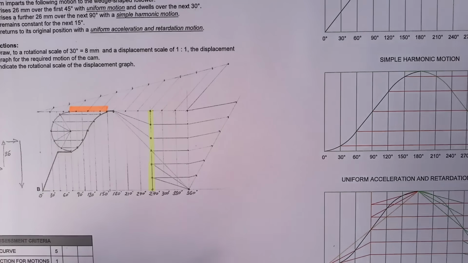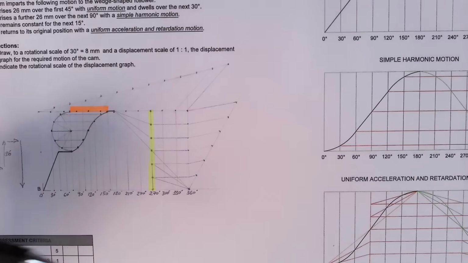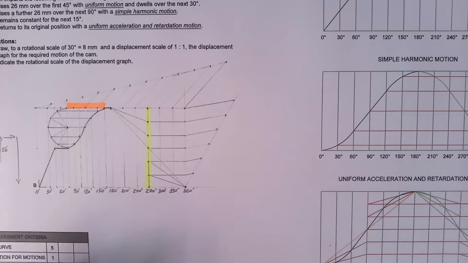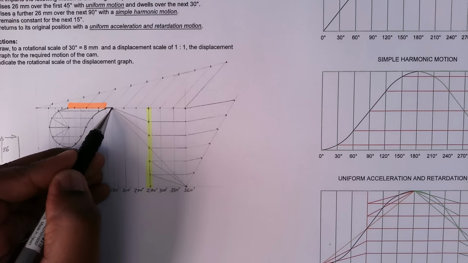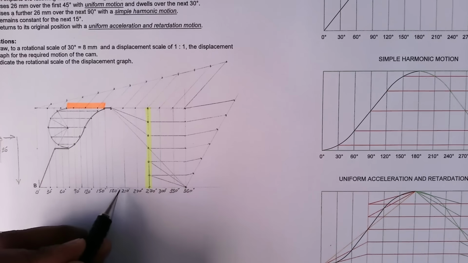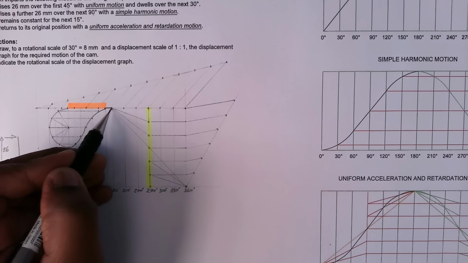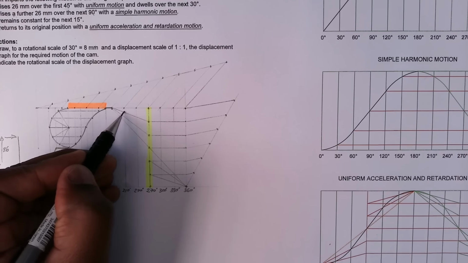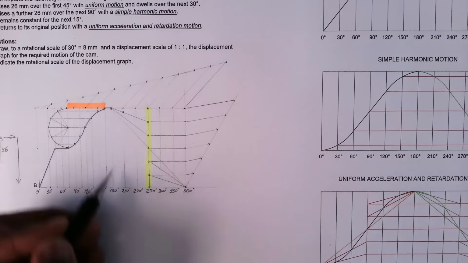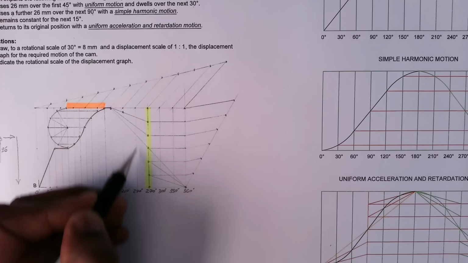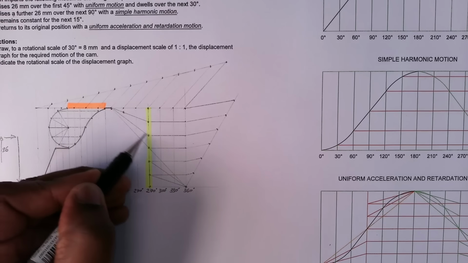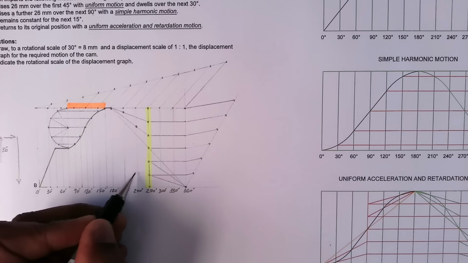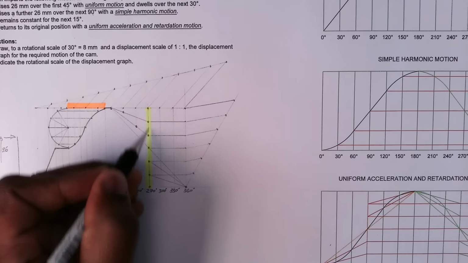So now I'll have to mark the points. Remember, I'm trying to draw this curve. All right, so I'm here, so I'll move to the next line. So where this line touches that line, I'll mark a point. All right, and then I'll move to this next line. So where this line touches that line, I'll just mark a point, and then I'll move to the next line, which is the center line.